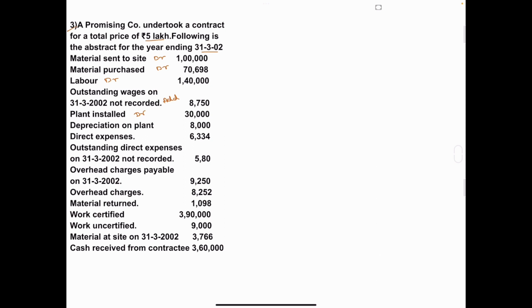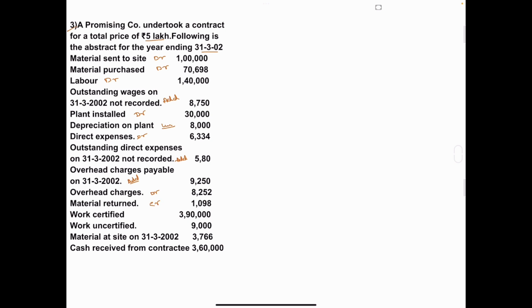Depreciation on plant, this amount will be deducted from the plant value. Direct expenses, debited. Outstanding direct expenses on 31st March not recorded, this amount will be added to direct expenses. Overhead charges payable on 31st March 2002, it is to be added to overhead charges. Overhead charges, debit side. Material returned, credit side of the contract account.